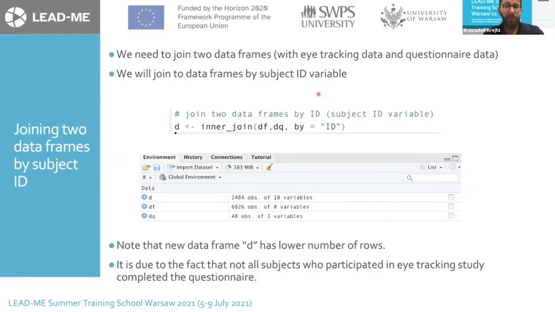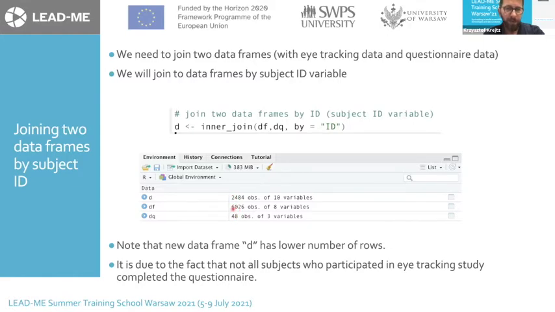So having these two data frames, we want to join them together by this subject ID, even though these two data frames have really different lengths.